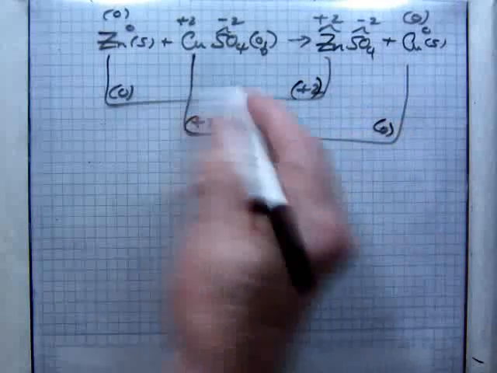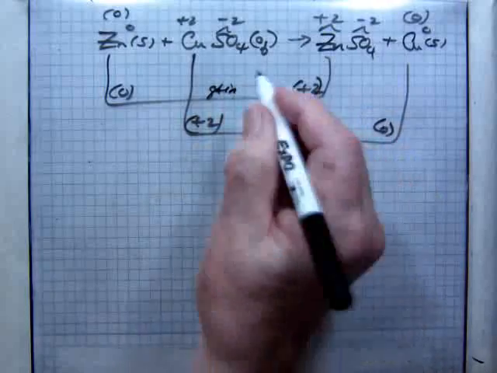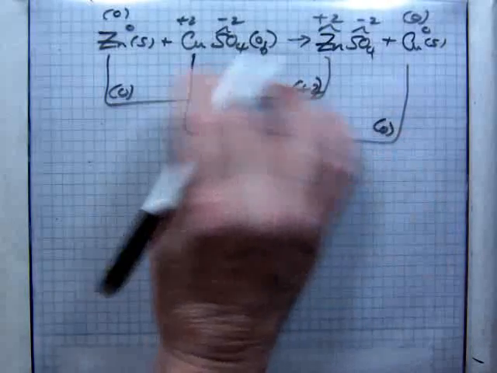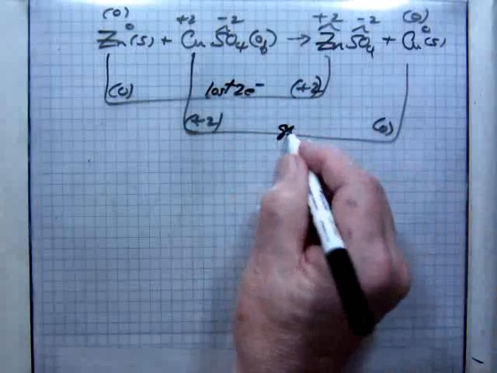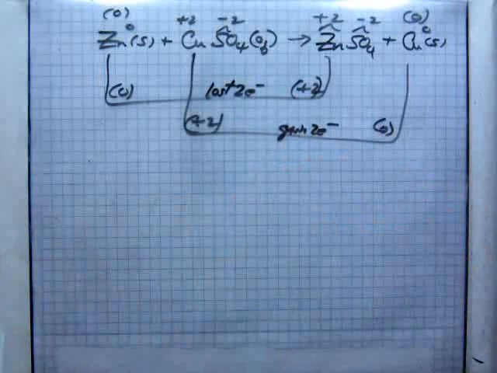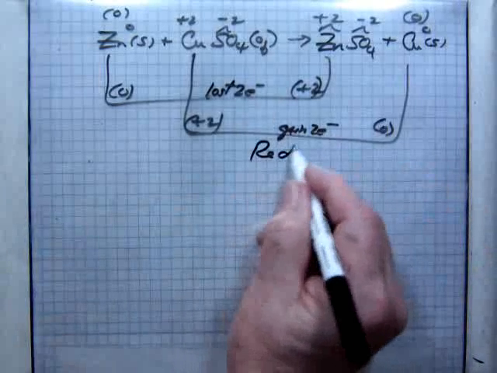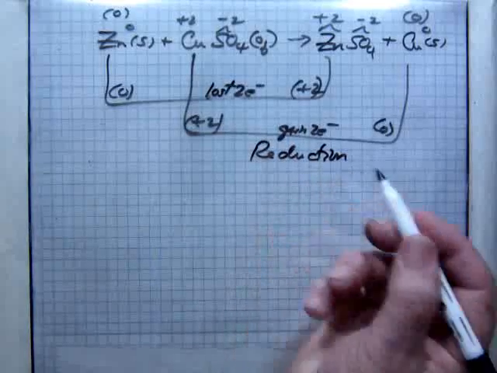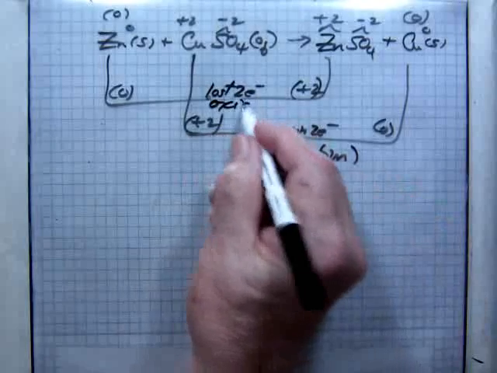And so you see zinc lost 2 electrons here, and copper gains 2 electrons. Now, it's an oxidation reduction. The process of gaining electrons is the reduction process, and losing the electrons is the oxidation.